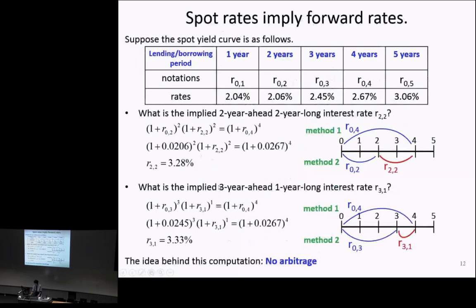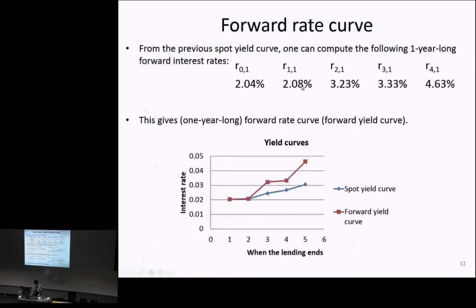If we plot these spot rates, we get this blue curve, that's spot yield curve. If we derive 1 year long forward interest rates and plot them, we get this red line, and that's called forward yield curve. So in this example, the spot yield curve is moderately upward sloping. The corresponding forward yield curve is located above the spot yield curve.